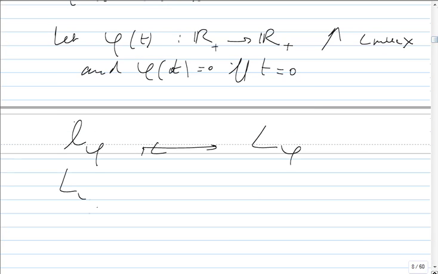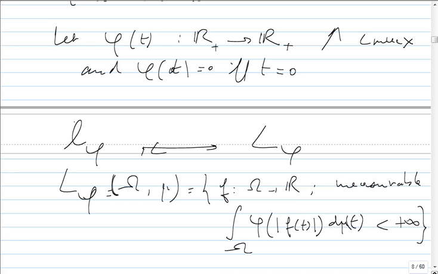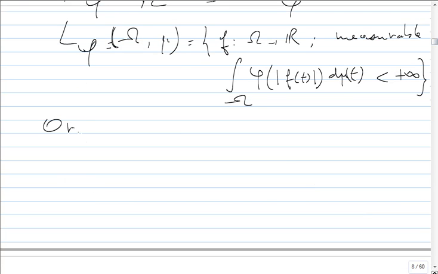L phi of omega over mu is the set of f going from omega into R, measurable, such that the integral over omega of phi of absolute value of f of t, d mu of t, is finite. By the way, this is the person who did this. Let me give you his name: Orlicz, a Polish mathematician in the 30s, right there at the beginning.